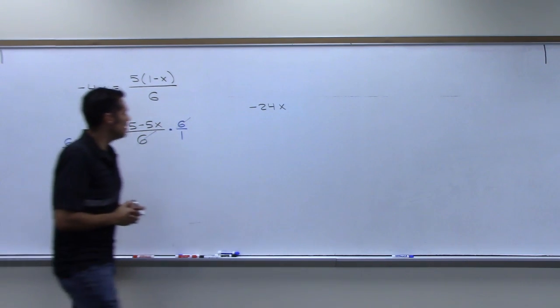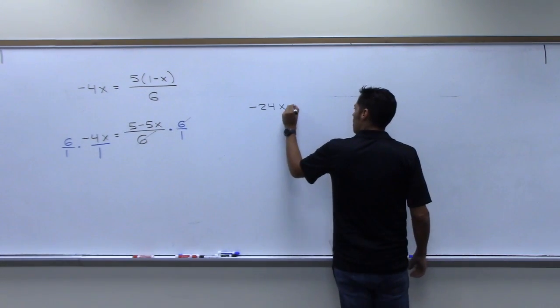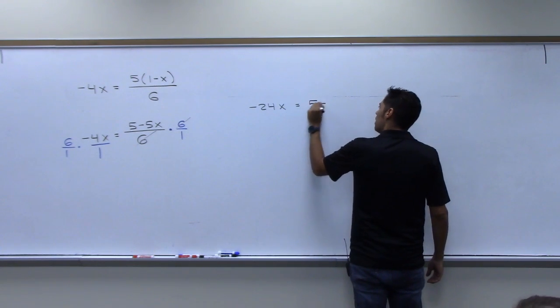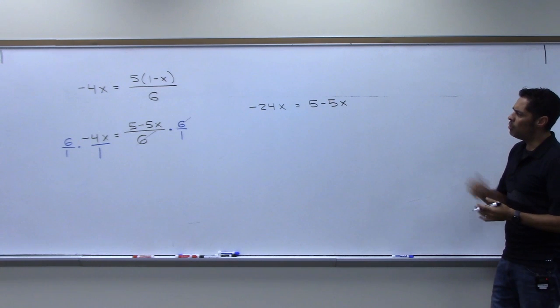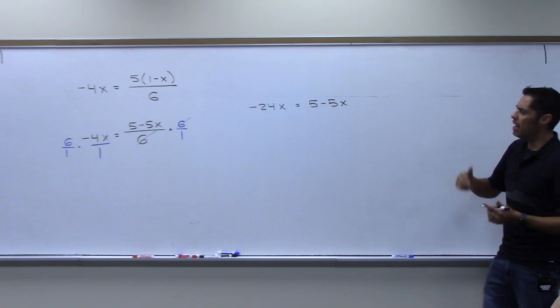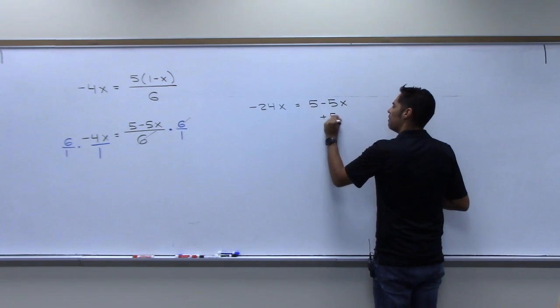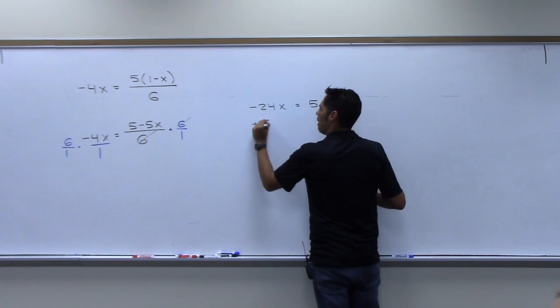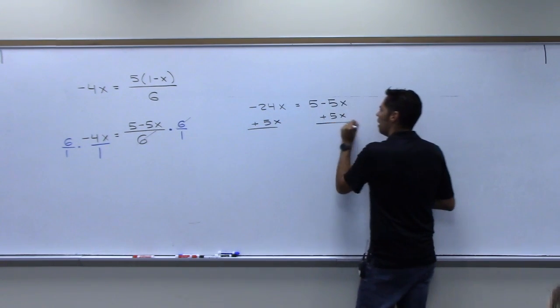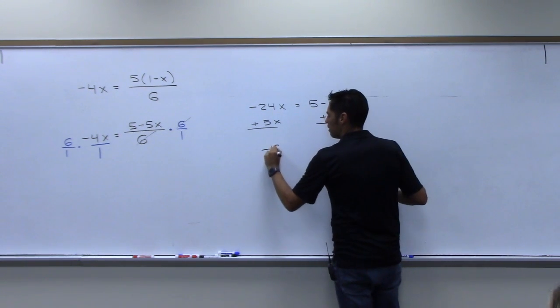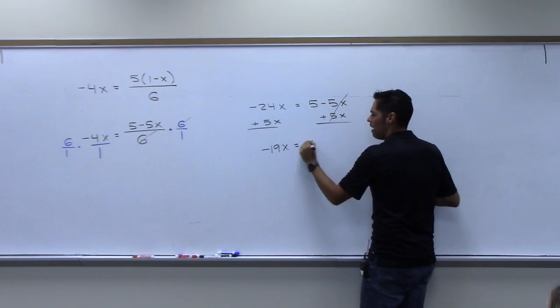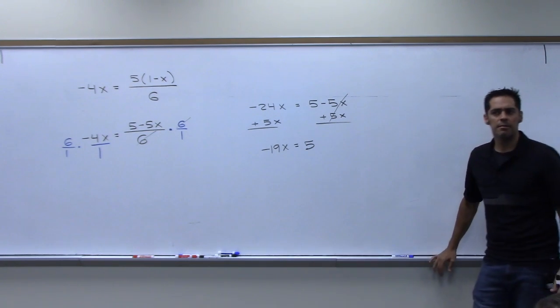So what is left on the right side? 5 minus 5x. And then at this point, it's more like a linear equation that you're used to. What would you do at this point? You would add 5x. Add 5x, and these go away, and that gives you negative 19x equals 5, and then divide by negative 19, and you're done.